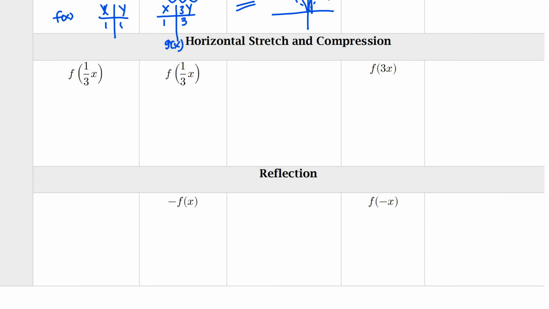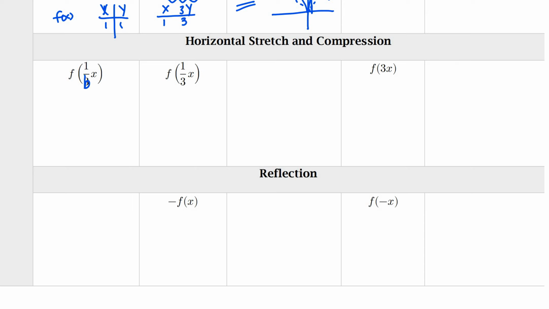Next one, horizontal stretch. Let's look at the horizontal stretch. I'm going to erase a little bit. There is a typo right here. Instead of 1/3, it should be b. Oh my goodness. Let's erase it.